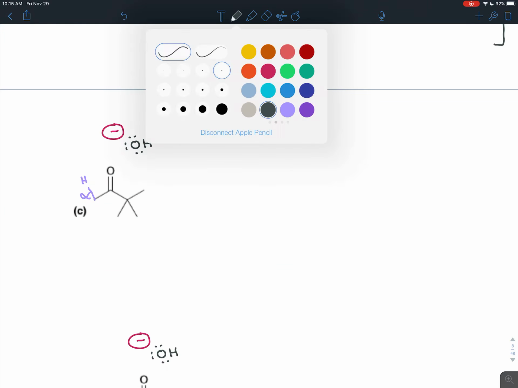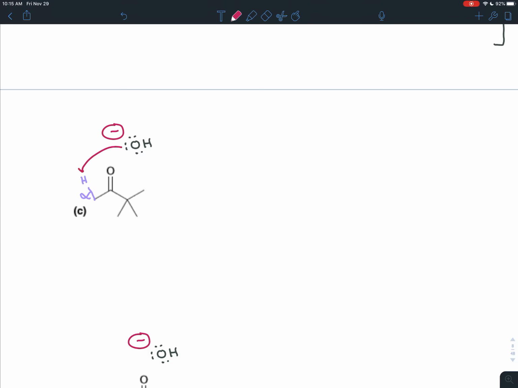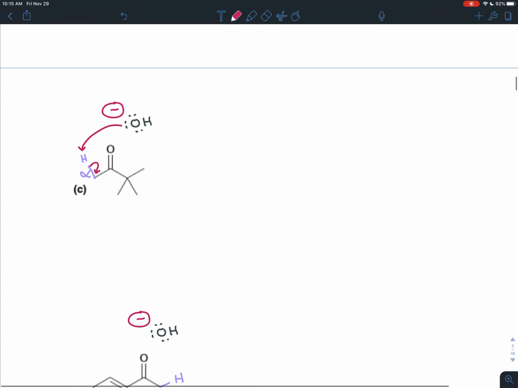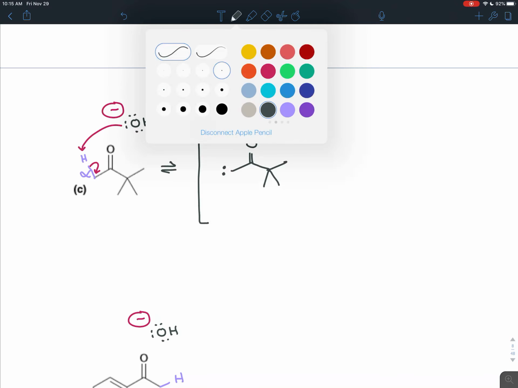So again, the base steals the alpha hydrogen, that's the vulnerable hydrogen. The electrons snap back onto the alpha carbon, and they're able to do that because it produces a resonance stabilized lone pair on that alpha carbon.